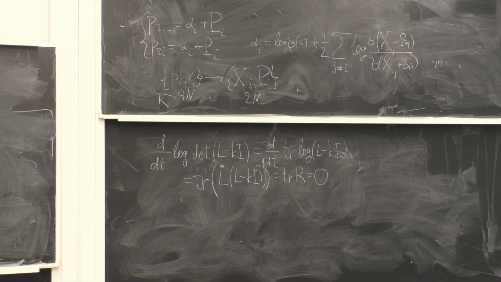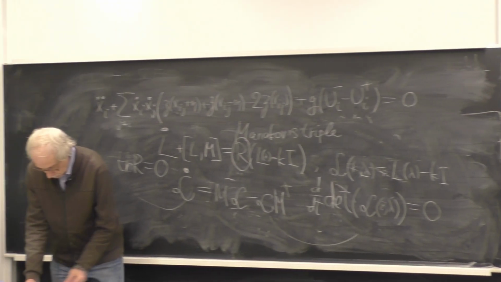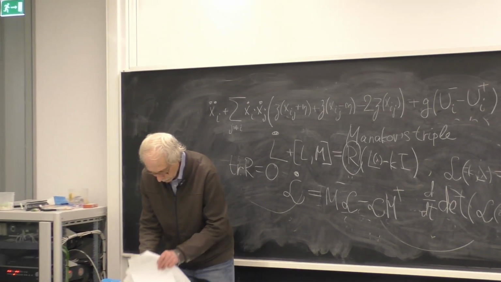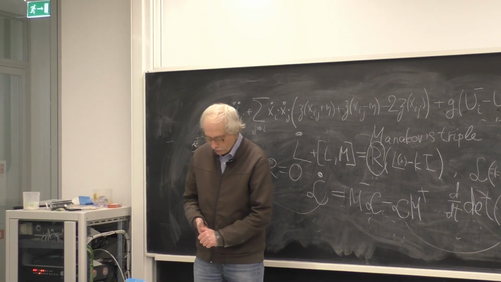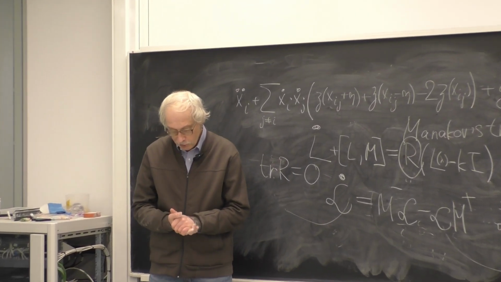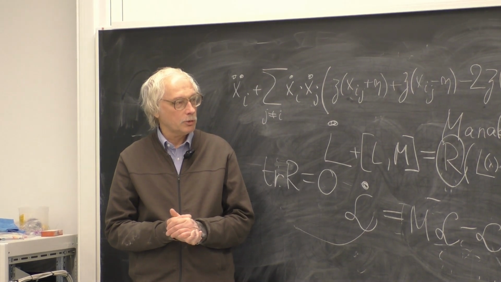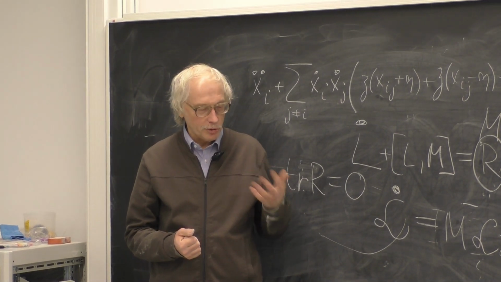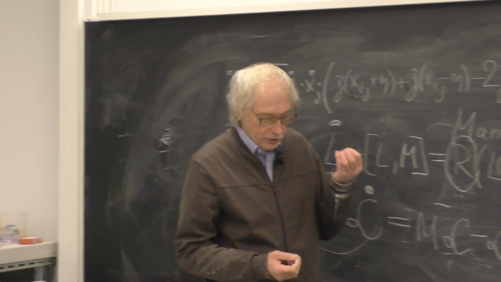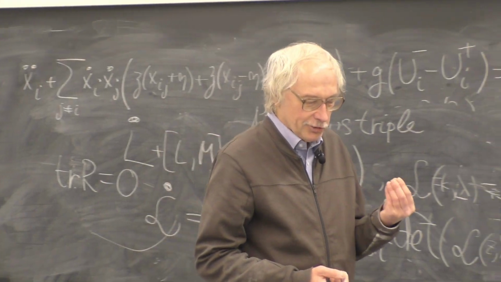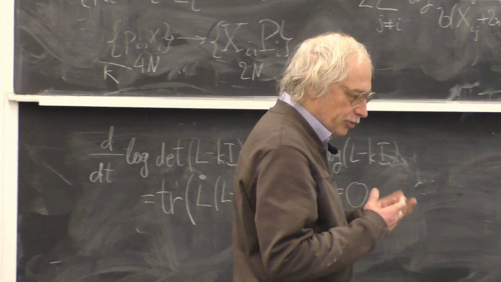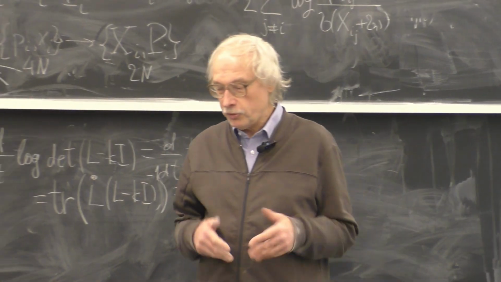So we will discuss this, and after that, next time we will start to discuss Calogero-Moser-like systems with internal degrees of freedom. Then each particle is not just a scalar particle, but has some internal degrees of freedom, like spin.